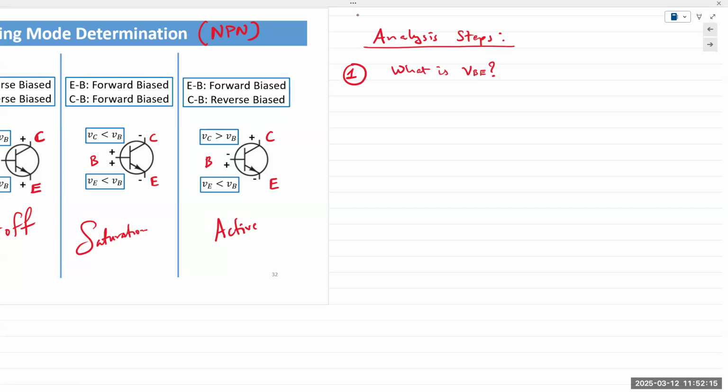Because if VBE is 0.7, then cutoff is out. It's either active or saturation. But if VBE is less than 0.7, then it's cutoff. It cannot be active or saturation. So the first thing we want to check is the value of VBE.